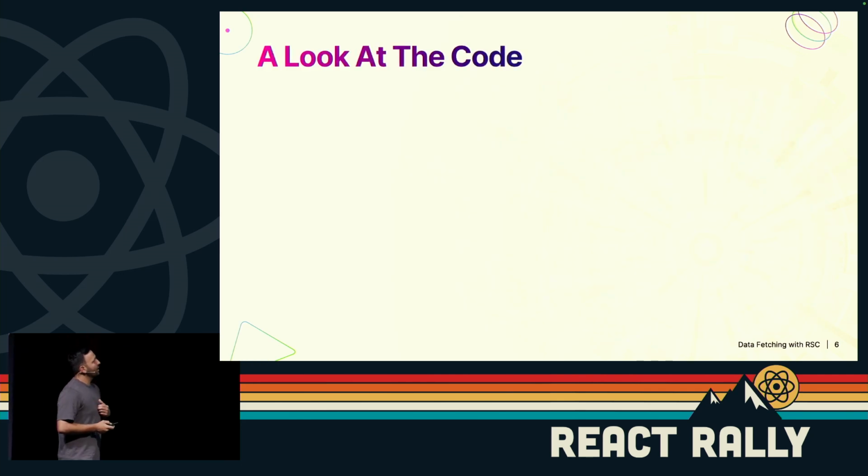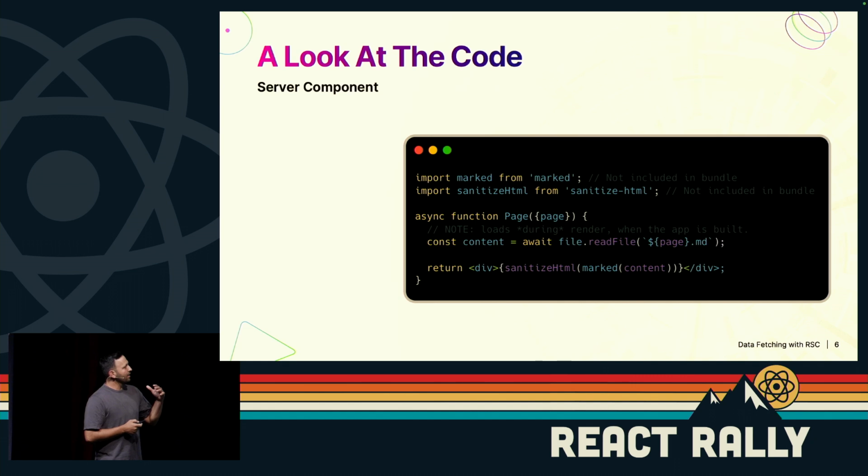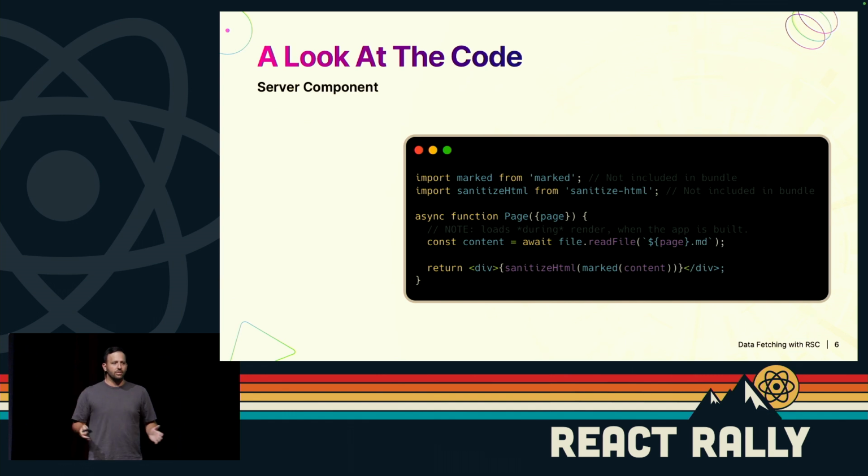A React Server component, this is just a teaser. We'll get more in depth on it later on. But this is doing the same thing. So this is a server component here, using still those two same NPM packages there, a page component, getting a prop, but you'll notice here that we're actually grabbing the file from the server directly inside of our React component. We're not doing any kind of fetch or data request here.